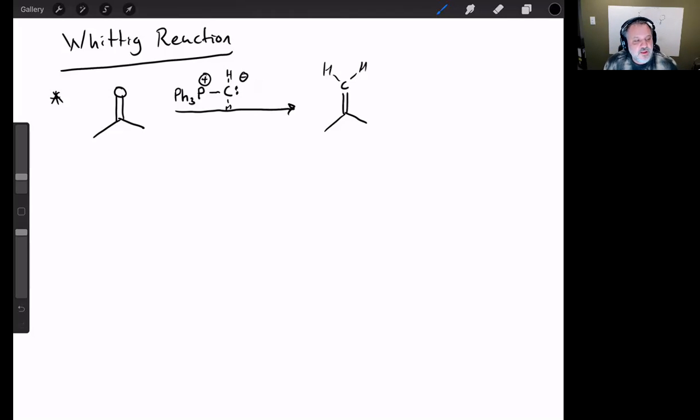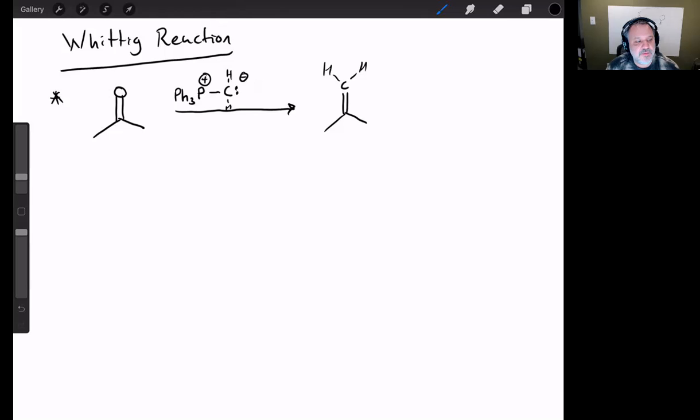So the Wittig reagent replaces the oxygen in a carbon-oxygen double bond with a carbon group. And I hope you're seeing why that's important from a synthetic point of view.